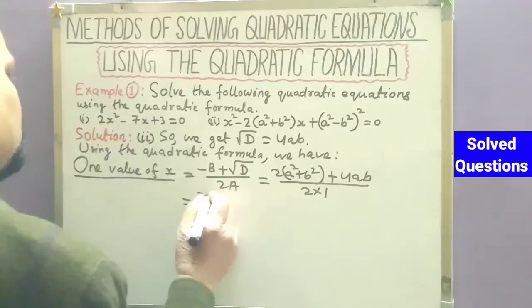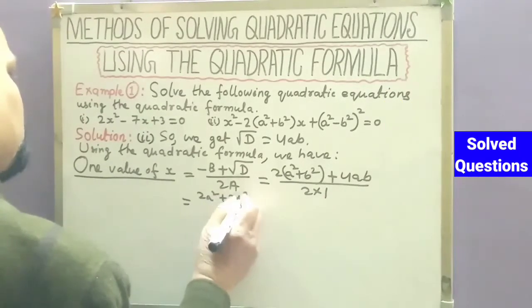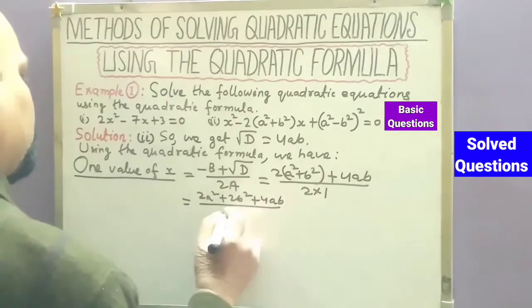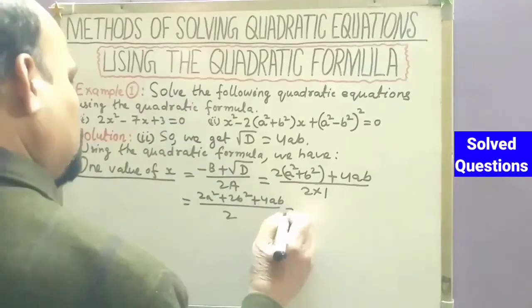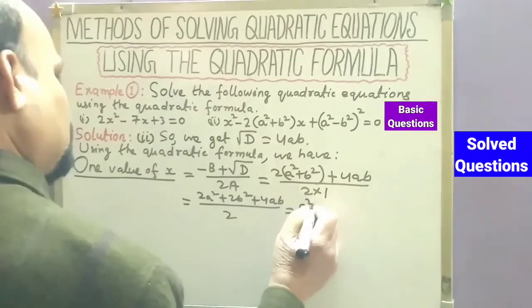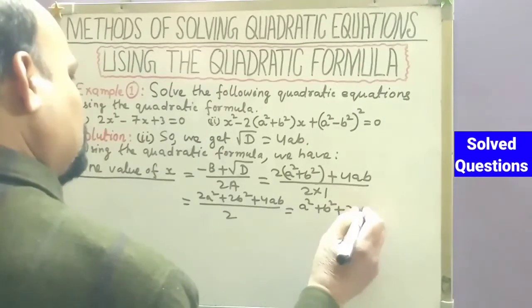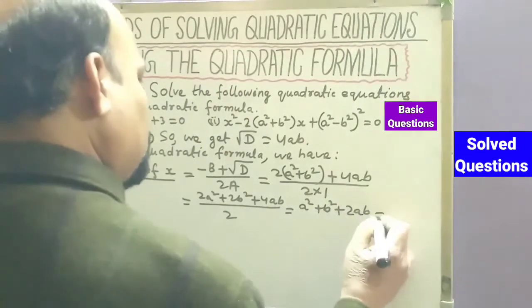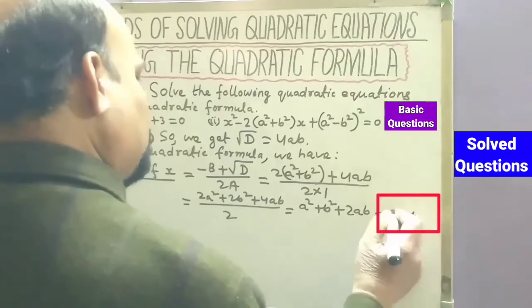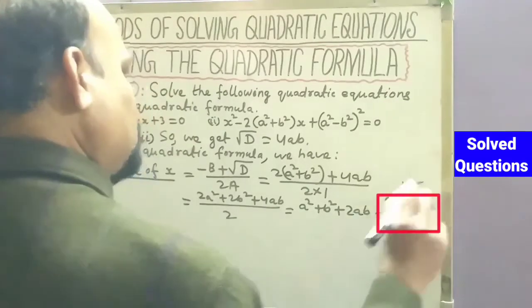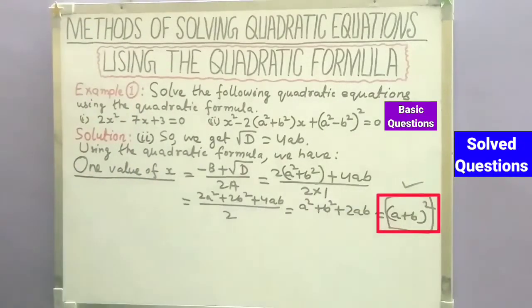Opening brackets, we get (2a² + 2b² + 4ab)/2, that equals a² + b² + 2ab. It is the formula of (a + b)².